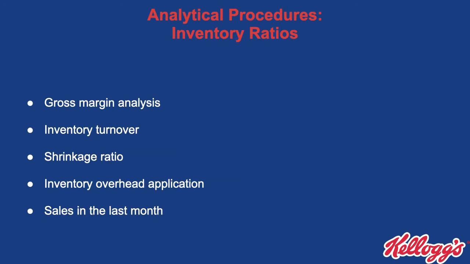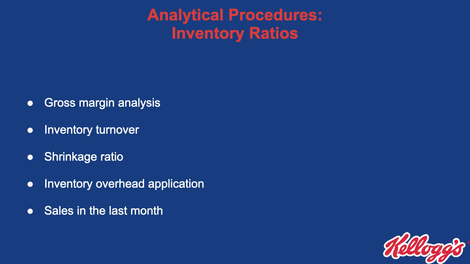Well, friends, we're coming up on the end, and we want to discuss lastly the analytical procedures. Through them, we can evaluate financial information by analyzing plausible relationships among the financial and non-financial data. Now, the first set will be the inventory ratios. For example, the gross margin analysis tells us the overall money that the company would have left over after it subtracts its cost of goods sold.